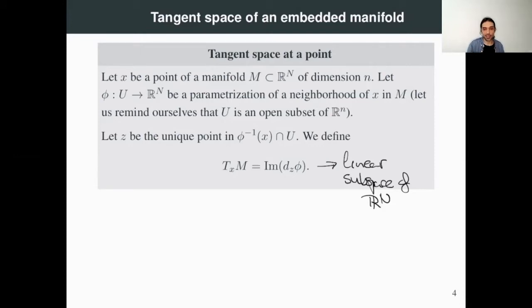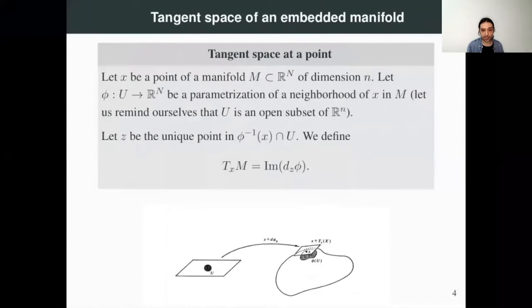But there is a small problem, of course, that it's not difficult to fix: a priori we could think that this definition depends on the parametrization. It is not 100% obvious that if we consider another parametrization, the image of the differential is going to be the same, right? And let's discuss this point soon.